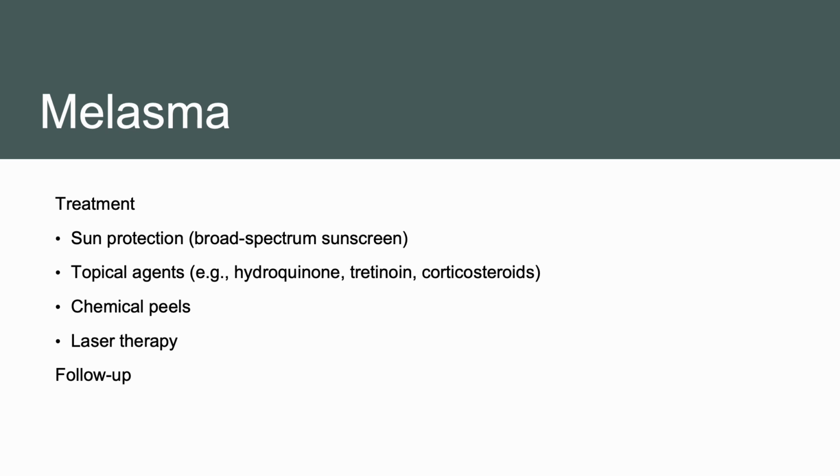Other topical agents include hydroquinone, tretinoin, and corticosteroids. Chemical peels can be used, or sometimes laser therapy with the right laser for the right patient. For follow-up, I recommend regular follow-up to monitor response to treatment and to continually emphasize sun protection.